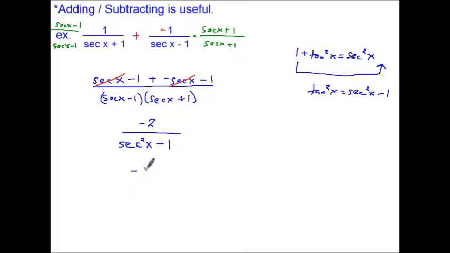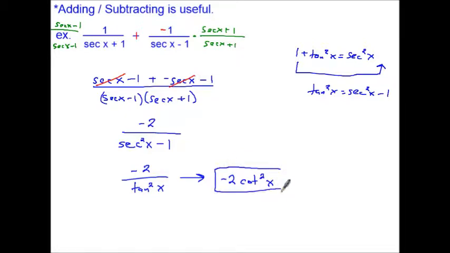So negative 2 over tangent squared x. And that doesn't look too bad, but I've got a fraction, and all the trig functions can be flipped upside down if necessary to create something that isn't a fraction anymore. So basically that's what I'm going to do there. The negative 2 is still my coefficient, bring the tangent up, it becomes a cotangent. Don't forget the square, x, and there's not much more I think I can do with that. So there we go.